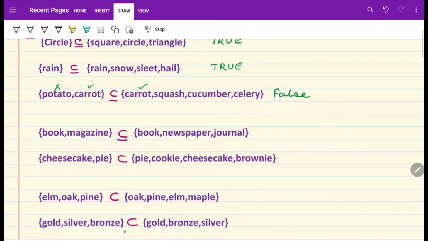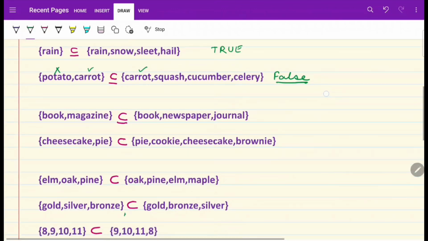This would be marked as a false statement because by the definition of subset, the elements in a subset must belong to the set from which it was created. Since potato is not a member of the bigger set, it's not a subset of that particular set.